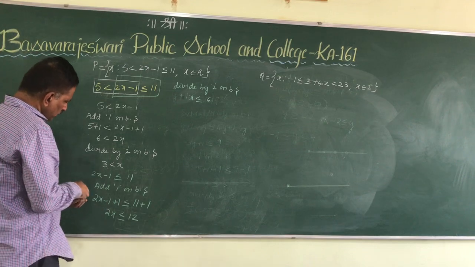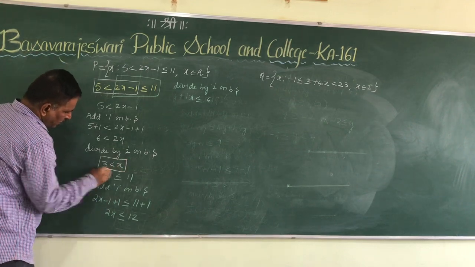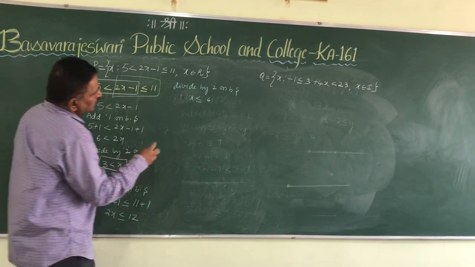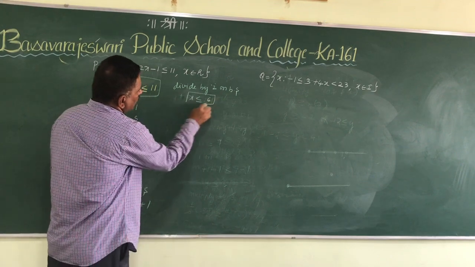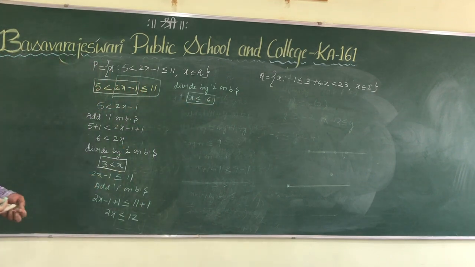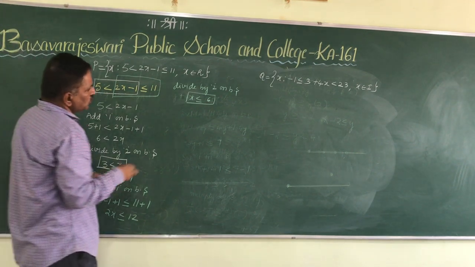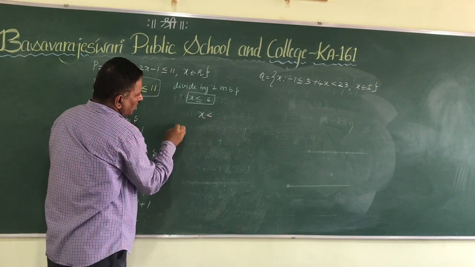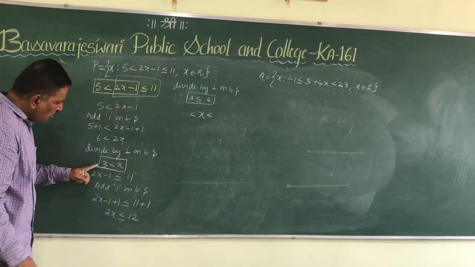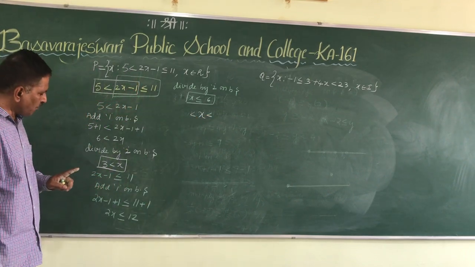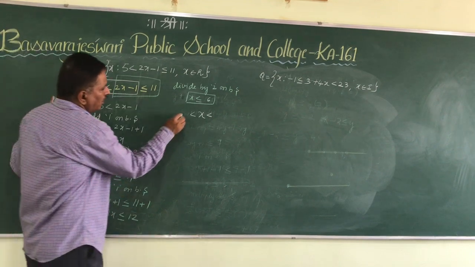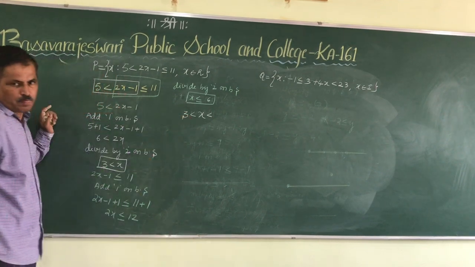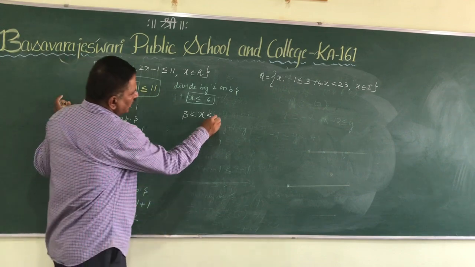Right? So this is the first part, and this is the second. So we have to write the solution set for this one. We have to draw the graph also. Among these two, which is the least value? 3. You write 3 on the left side, and the greater value on the right side of the x.